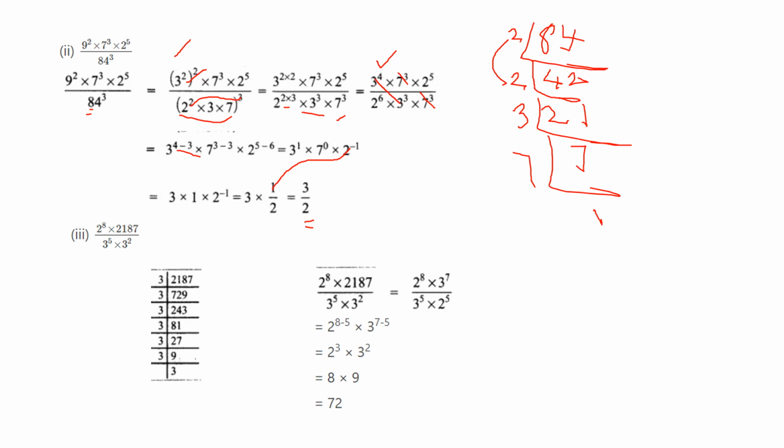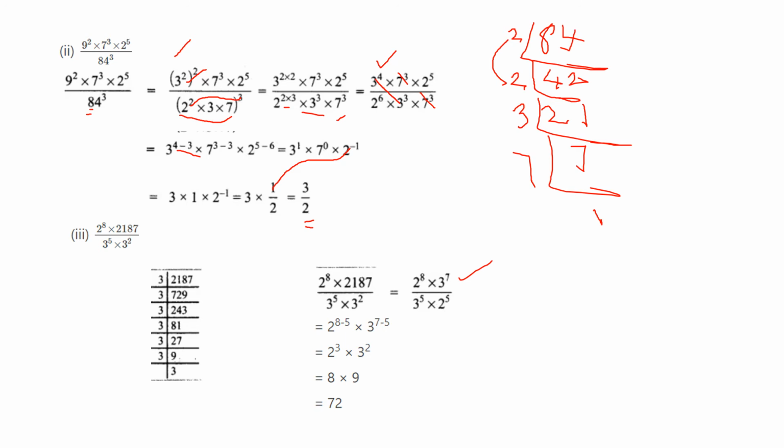Next one, 2 to the power 8 into 2187 by 3 to the power 5 into 3 squared. Here also you do the prime factorization. 2187, if you factorize you get 3 to the power 7.